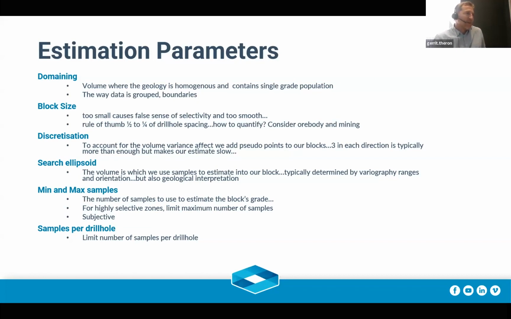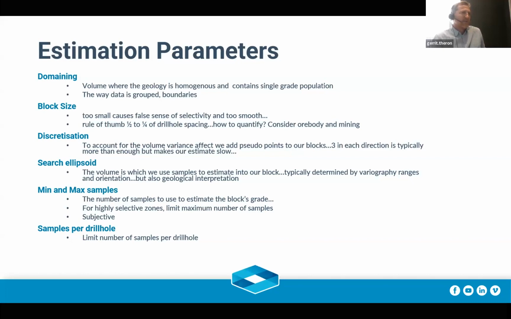So it will cause a too smooth estimate. A lot of people use a rule of thumb. Some authors say half of your drill hole spacing, some say a quarter, some say 1/10 of your variogram range. So there's various rules of thumb out there, and it's difficult to quantify.